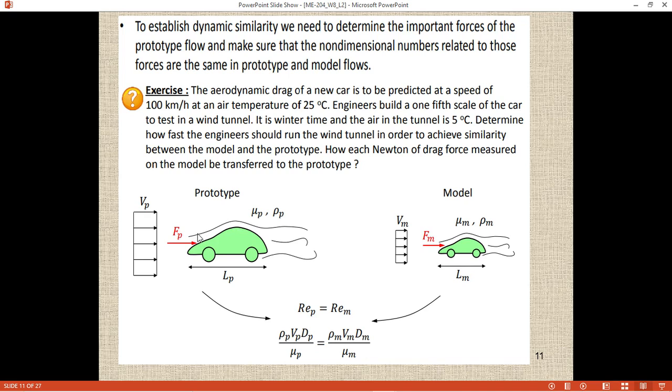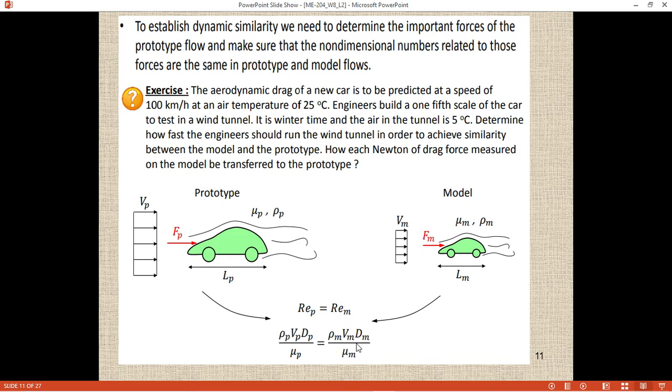In the case of the drag force, we know the important dimensionless variable is the Reynolds number. The Reynolds number uses all the variables, so to analyze the dynamic similarity, we take the Reynolds number for the prototype and the Reynolds number for the model.